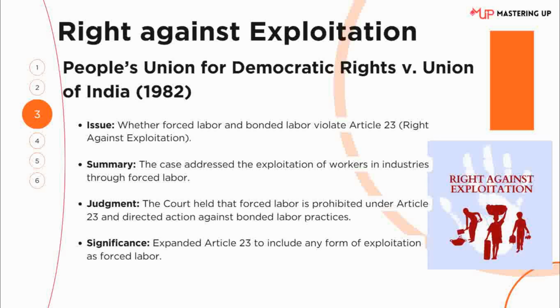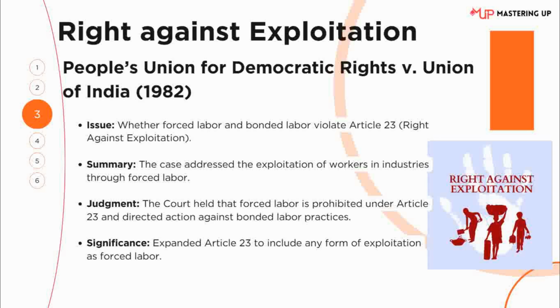The Supreme Court ruled that forced labor and bonded labor violate Article 23 and directed the government to end these practices and provide rehabilitation.